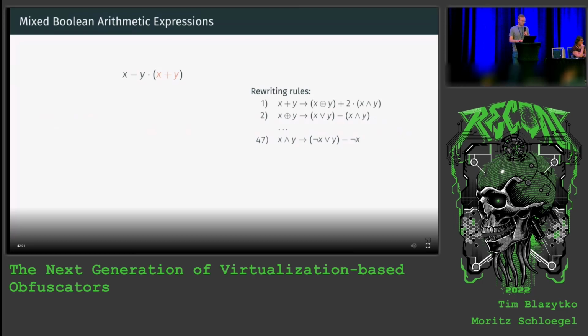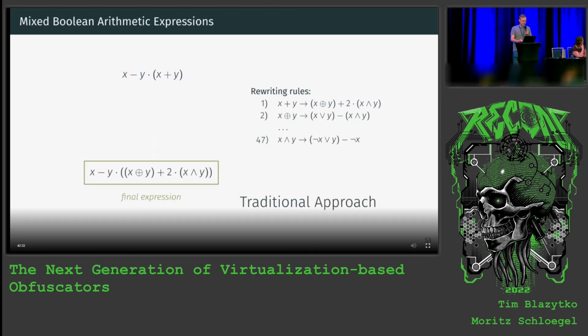So we have a number of rewriting rules, where for each rewriting rule, we have this small, simple expression on the left-hand side and an equal but syntactically more complex expression on the right side. So what we are going to do is we look that up in the rewriting rules and we just insert it, right? And the neat thing is these two expressions do exactly the same as before. So we have not touched the semantics at all. And that's how you traditionally applied MBAs.